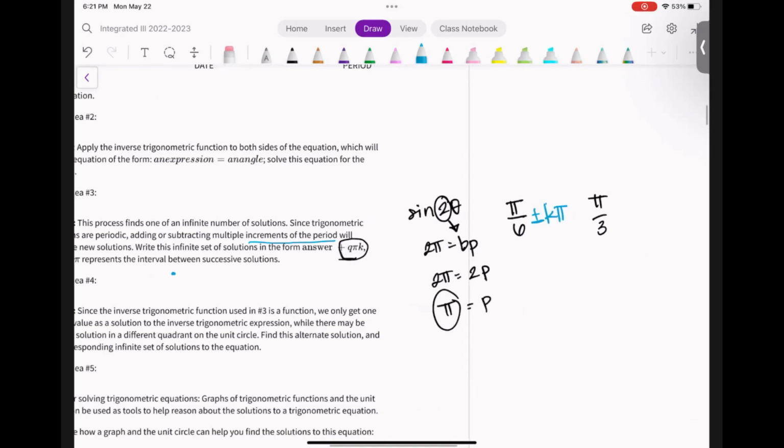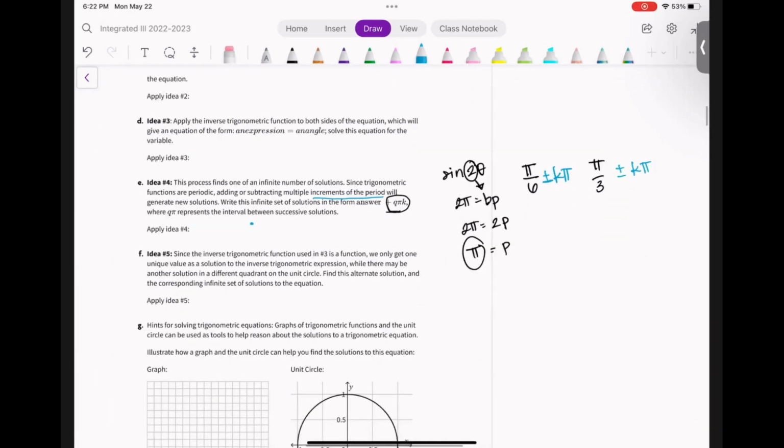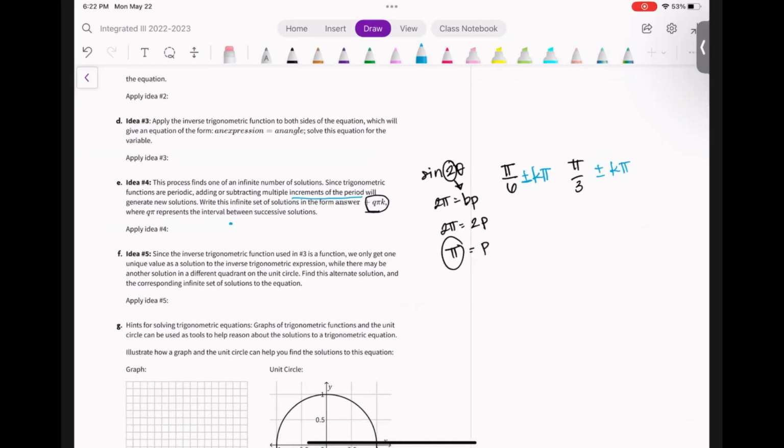It could be any whole number. And I'm going to do the same for here, and it's going to hit all of my answers. So if you're good with the pi over 6 part, just know that I'm trying to hit all of the answers. And so I added k periods to it.